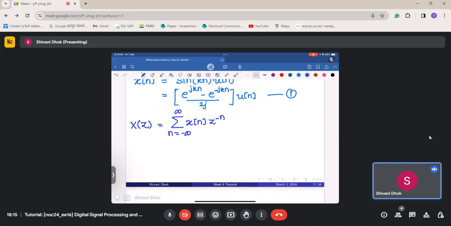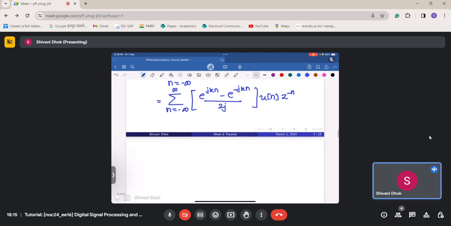So what we have is summation n running from minus infinity to infinity e power j kn minus e power minus j kn upon 2j u of n into z to the power minus n.